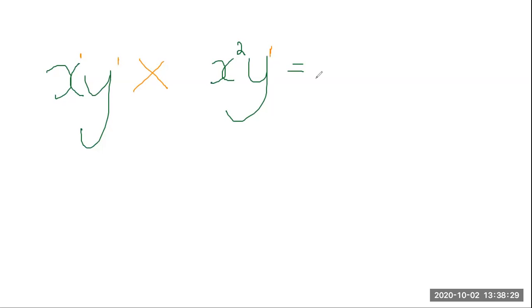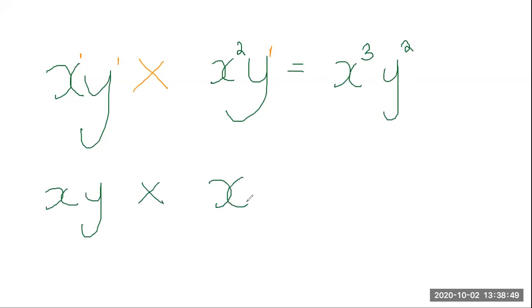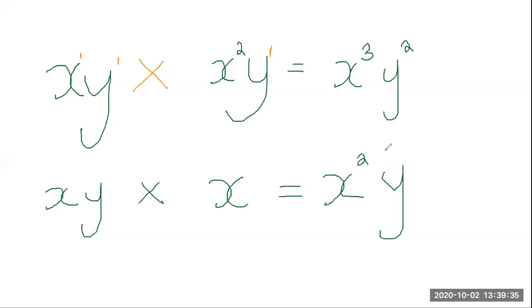So when I add these, I get x to the third power and y to the second power. I do 1 plus 2, and then 1 plus 1. If I had xy times x, could someone please tell me in the chat what this one would be? If I was adding, I wouldn't be able to. So for this one, my answer would be x squared y.